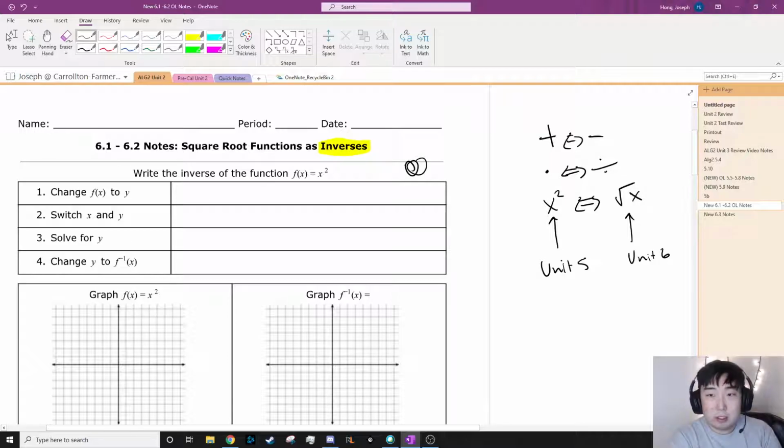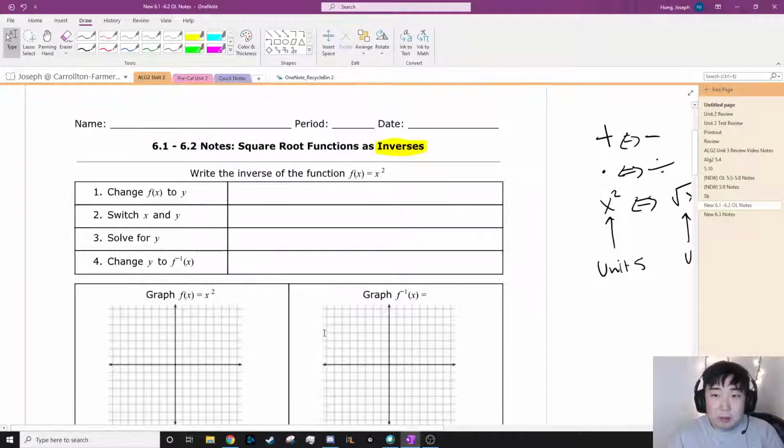Alright, so to write the inverse function of f of x is equal to x squared, we have to first make this into a regular equation. Instead of f of x, I'm going to write y, which is y is equal to x squared. The second step is to switch the x and the y.